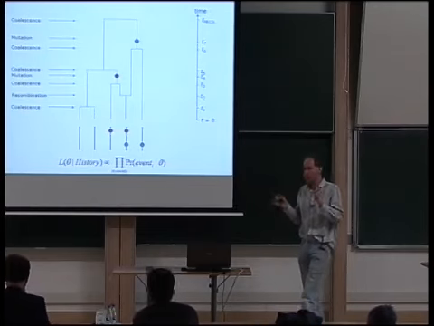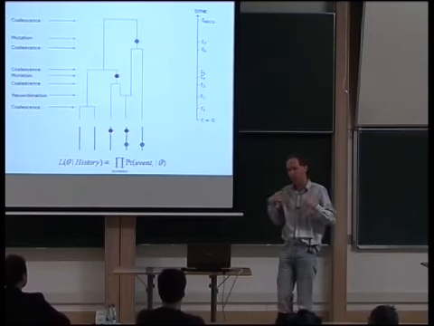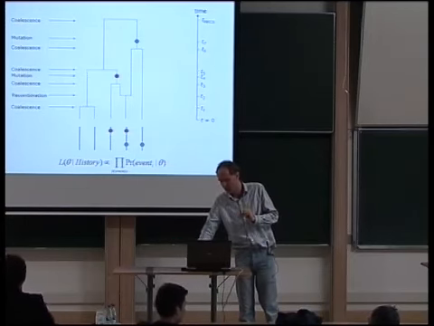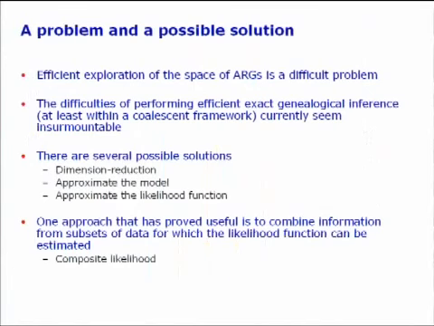Okay, so that's ideally what we'd like to do. We can't do it perfectly, but we could come up with Monte Carlo strategies for doing this in some way. However, there still remains a problem, which is that efficient exploration of the space of ARGs is a difficult problem, particularly for large data sets, where by large I mean anything more than about 10 sequences and a few SNPs. So currently, the difficulties of performing efficient, exact, or even semi-exact genealogical inference within a coalescent framework seem insurmountable.